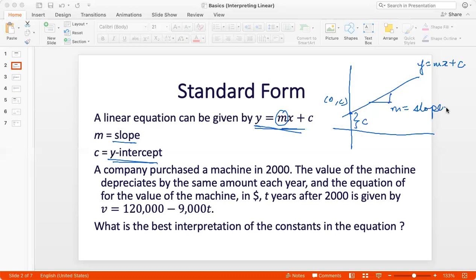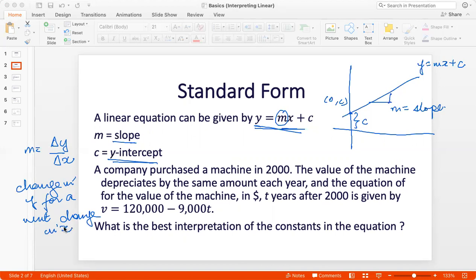And the definition of slope, as we know, is delta y over delta x, which means change in y for a unit change, which means a change of 1 in x, right? That's how we define the slope of a line.